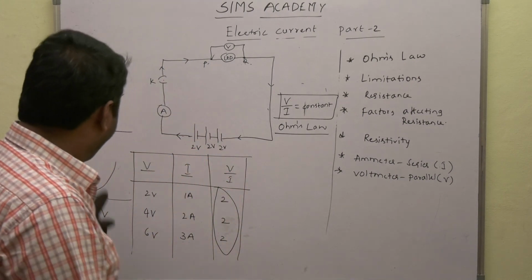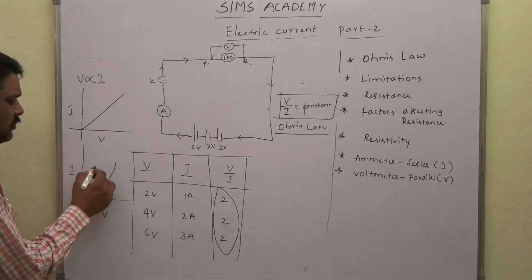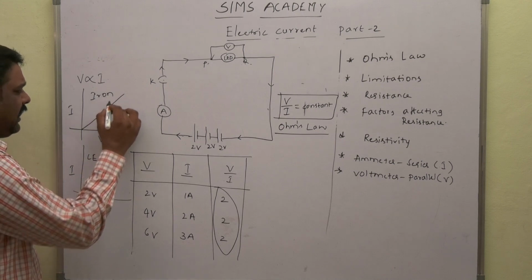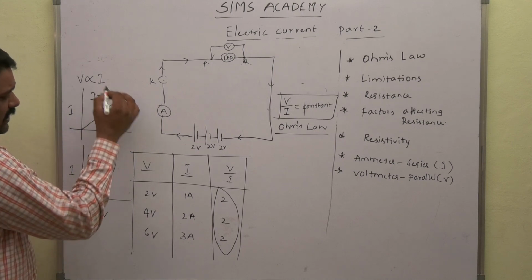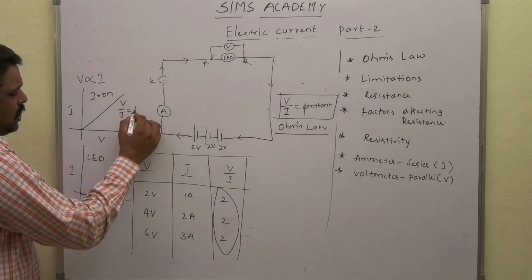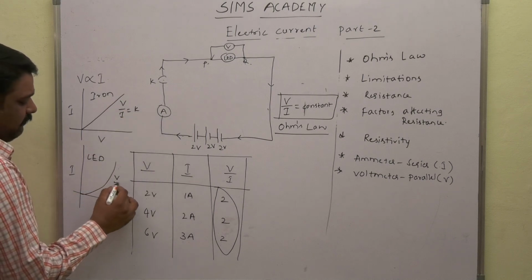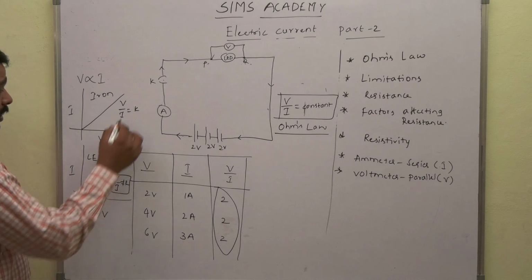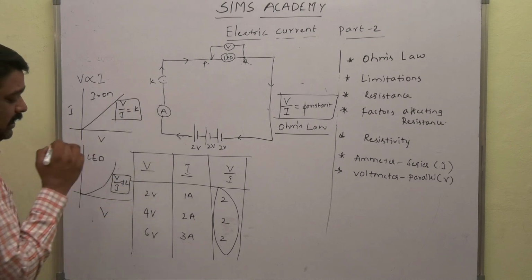In the iron spoke, V by I equals a constant, but here V by I is not equal to a constant. Hence I got a parabola over here.